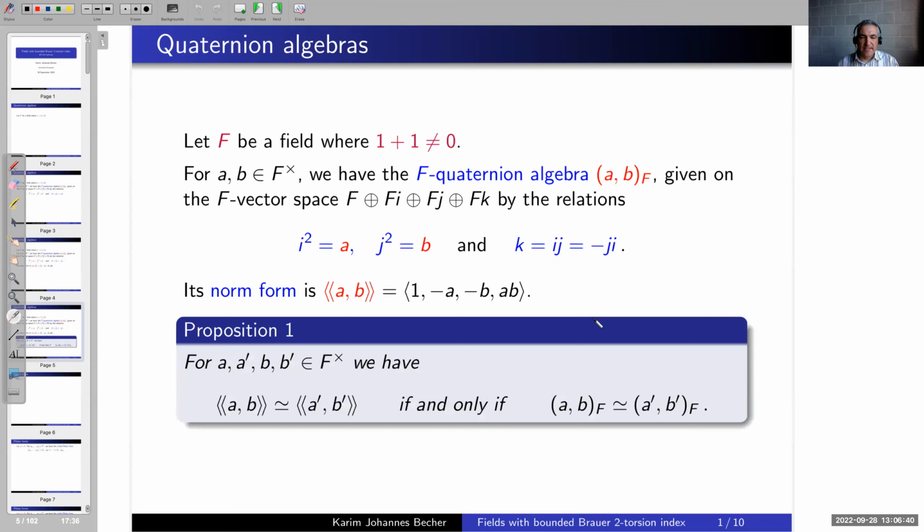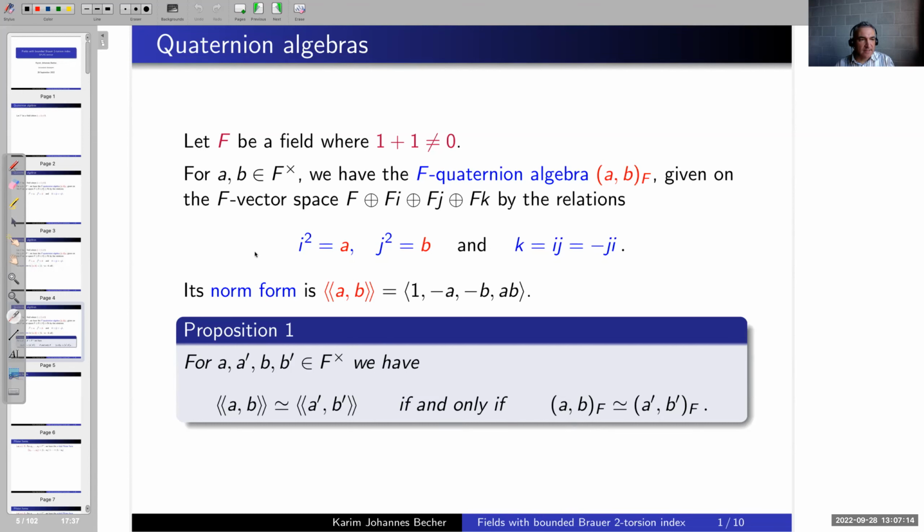Now, there is a direct correspondence between the quadratic forms of this shape and the quaternion algebras given by two elements. Both are given by two elements, and even if we change the two elements, the fact whether we really change the quadratic form or whether we really change the quaternion algebra is exactly the same. So the two norm forms are isometric if and only if the two quaternion algebras are isomorphic.